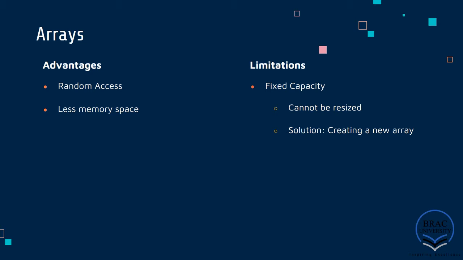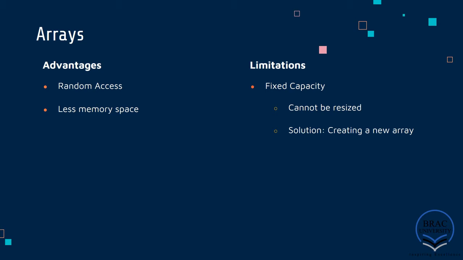After a few months, or let's say a few years, the application requires much more data, not only 5, it has to store 10 data. So the array already created is actually not able to store it, right? Because the only capacity that the array has is 5. We cannot resize it because there is no resizing option.